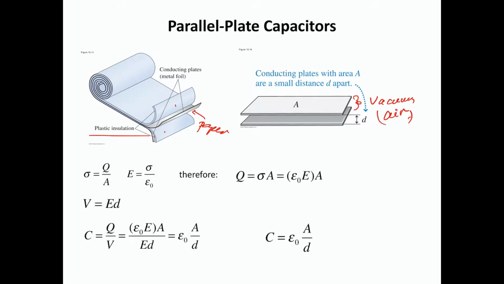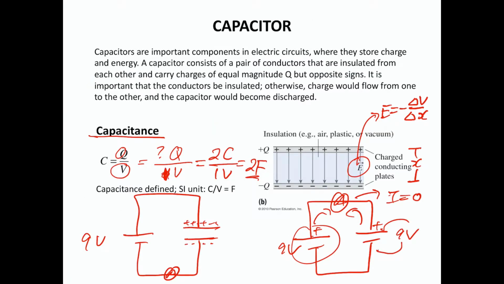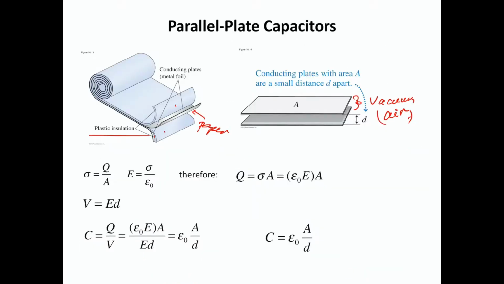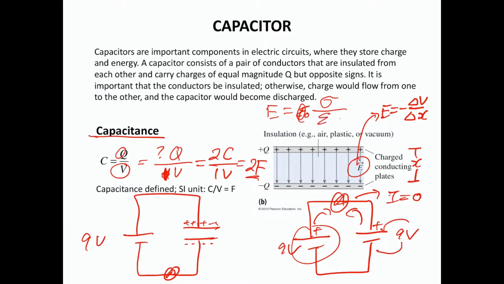Now let's look at one important thing: what is the electric field created here? I say the electric field in between is delta V over delta X. Another expression is the surface charge density over the permittivity of free space.